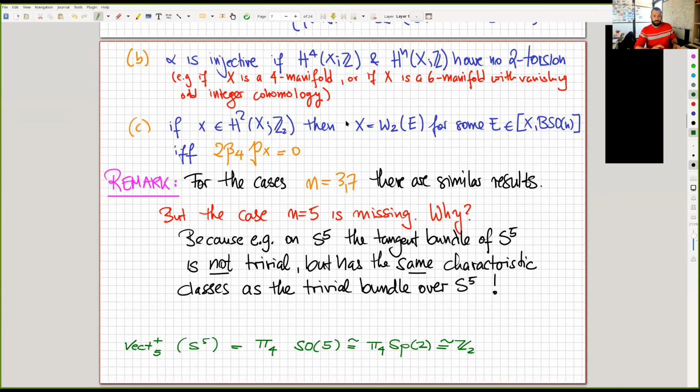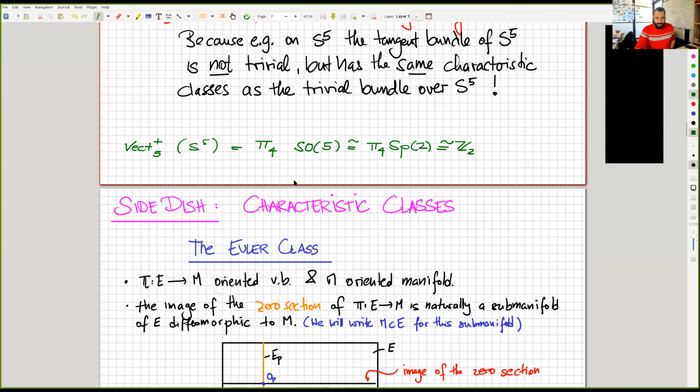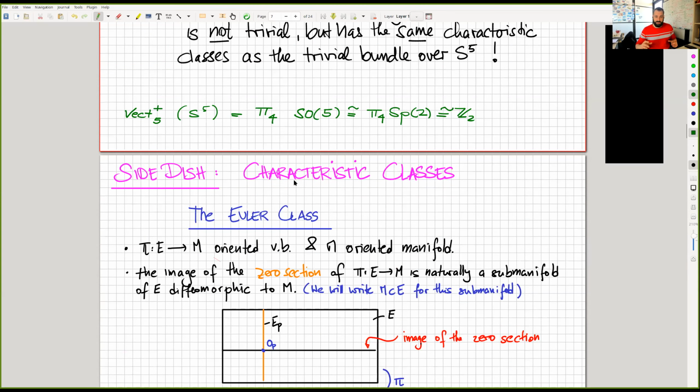Okay, so before understanding this case n equal to 5 and how it has to do with the so-called homotopy groups, I would like to present you a side dish, just a small section about characteristic classes.